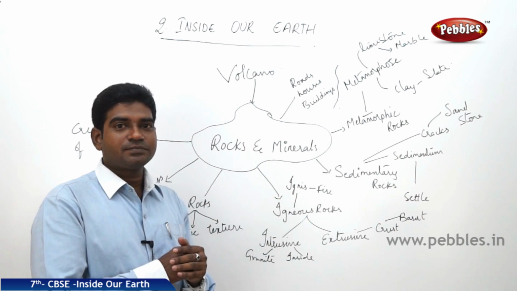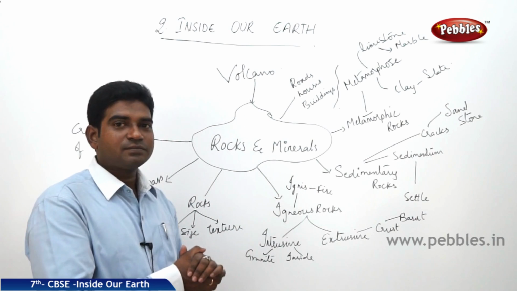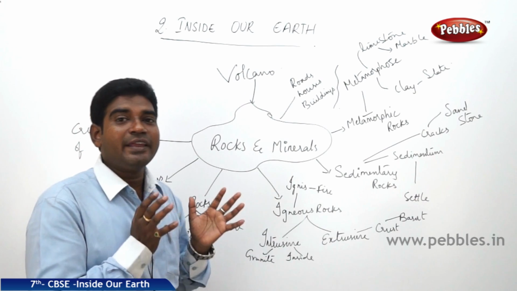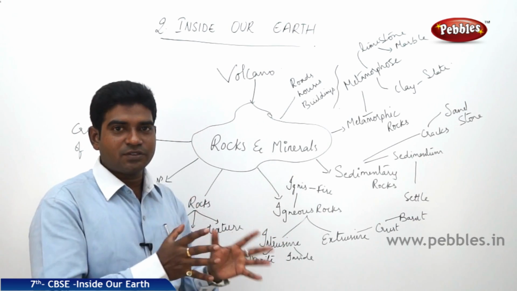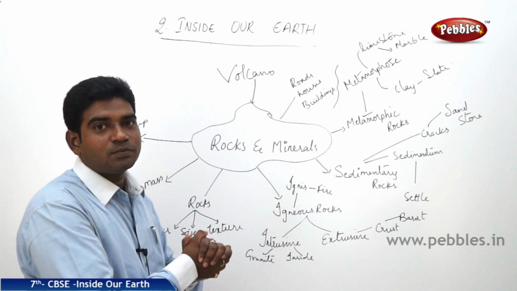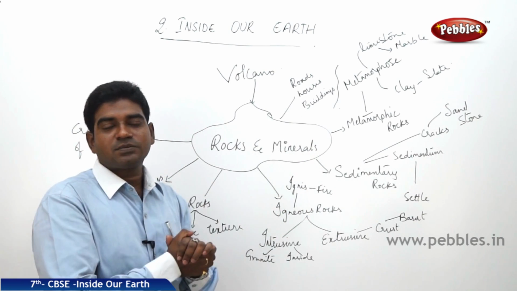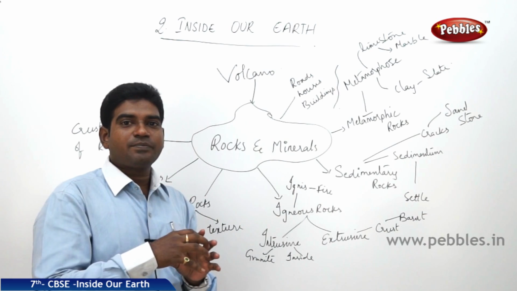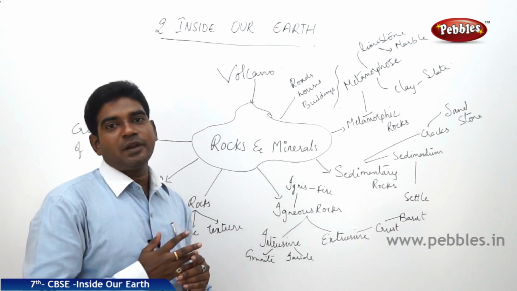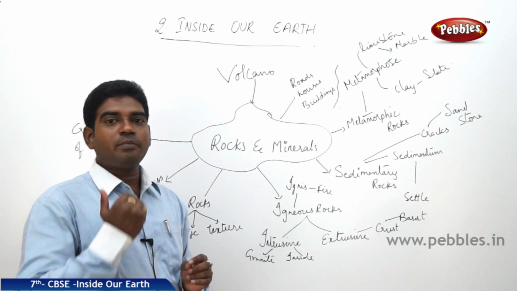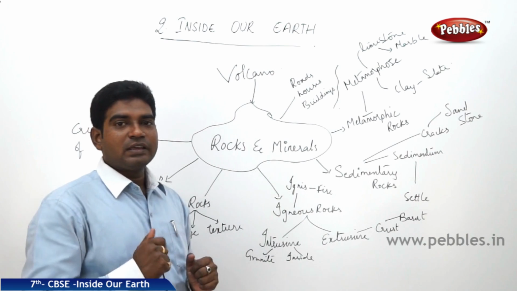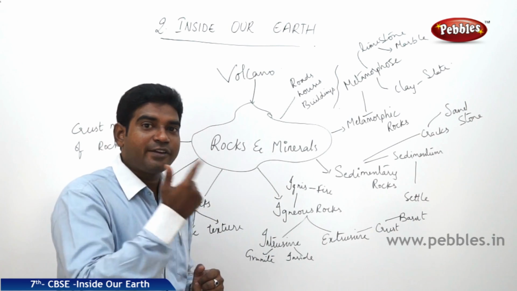Igneous rocks, either the intrusive or the extrusive, or the sedimentary rocks, when they are heated to high temperatures, can get transformed into metamorphic rocks. So the existing rocks, when they are exposed to extreme heat, have a possibility to get transformed into another form, not in the liquid state but in the solid state only.